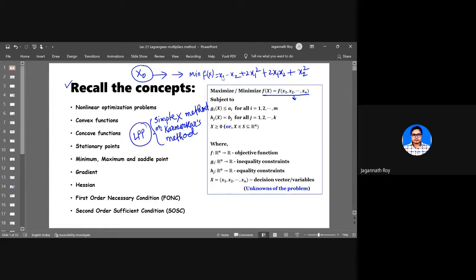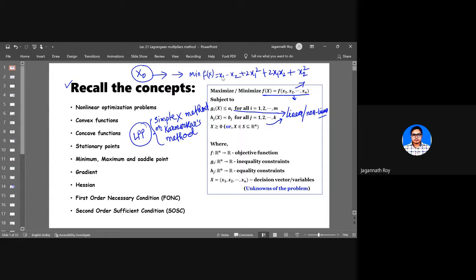But if we have non-linear functions and the constraints are also linear or non-linear, the constraint can be linear, and it can also be non-linear. Similarly, there can be less than type constraints, and greater than or equal to type conditions.